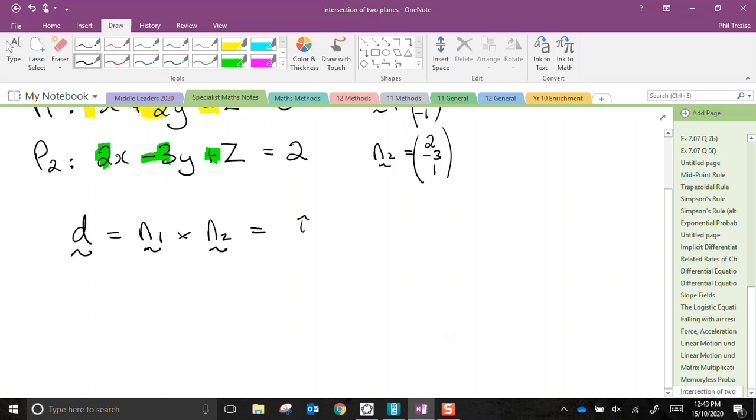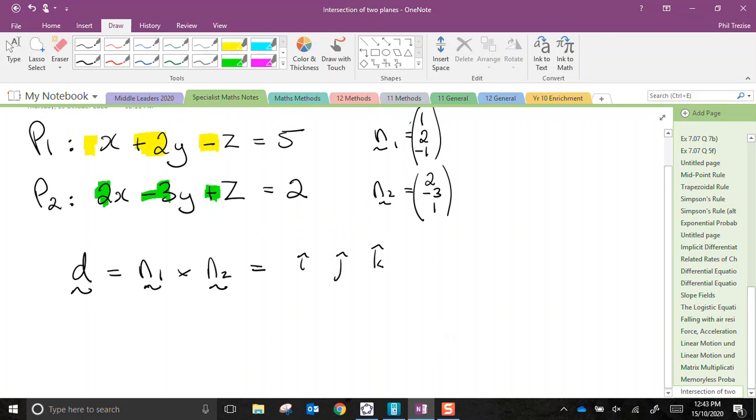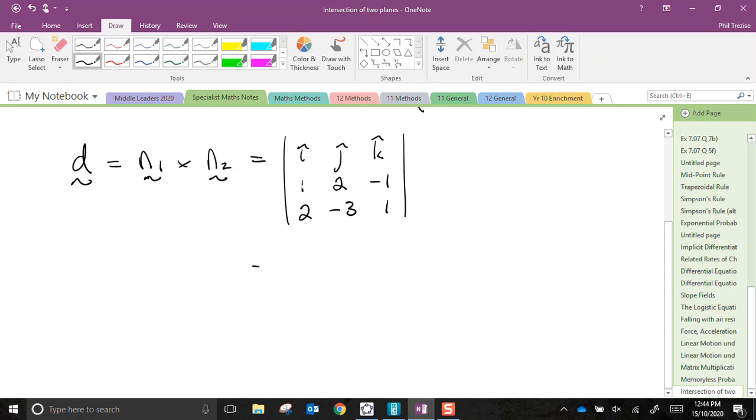And now there's various ways to do a cross product of these vectors, but this is the way that I like. So 1, 2, negative 1, 2, negative 3, 1, and we take a determinant of this 3 by 3 matrix. So this first one would be 2 times 1 is 2, subtract 1 times 3, that's 3, and that's i.